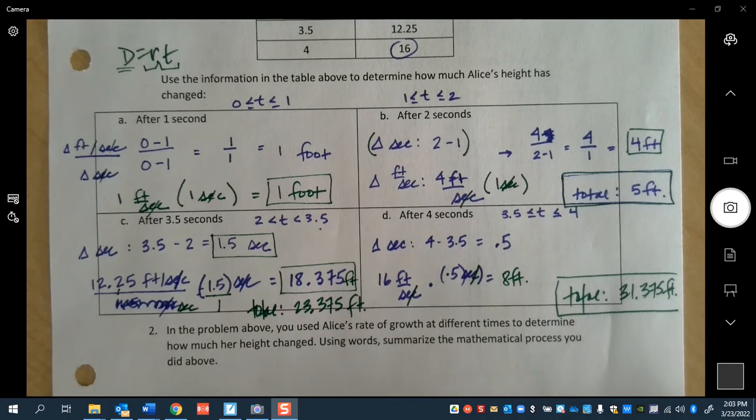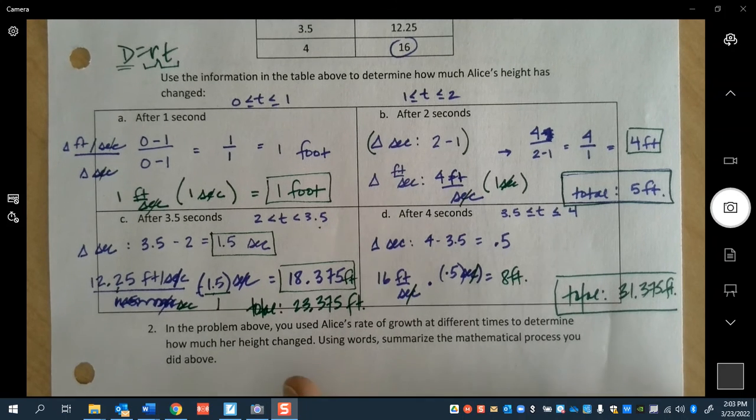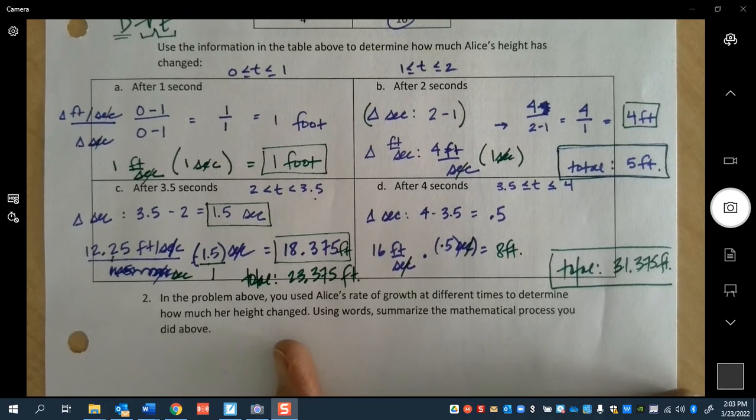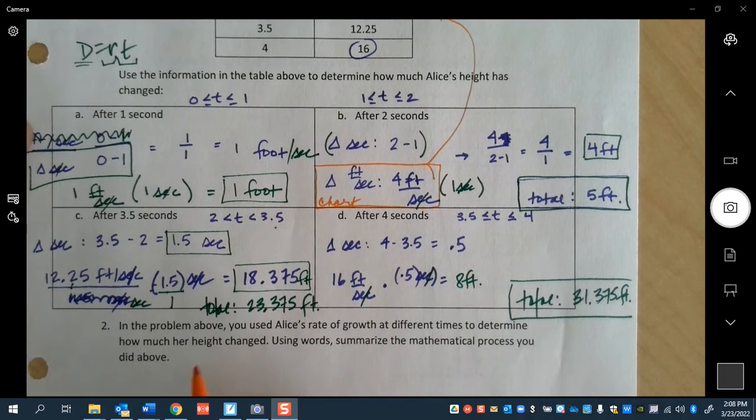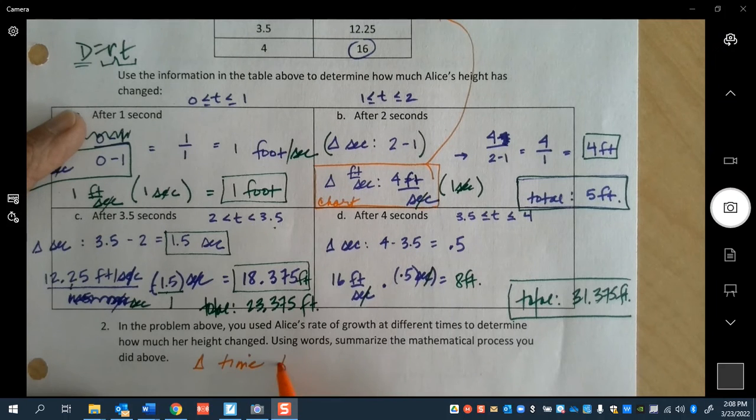So do me a favor, talk about this data with your group and answer problem number 2. Talk it out, go. In the problem above, you used Alice's rate of growth at different times to determine how much her height changed. Using words, summarize the mathematical process you did above. So you first looked at the change in the time for each interval.